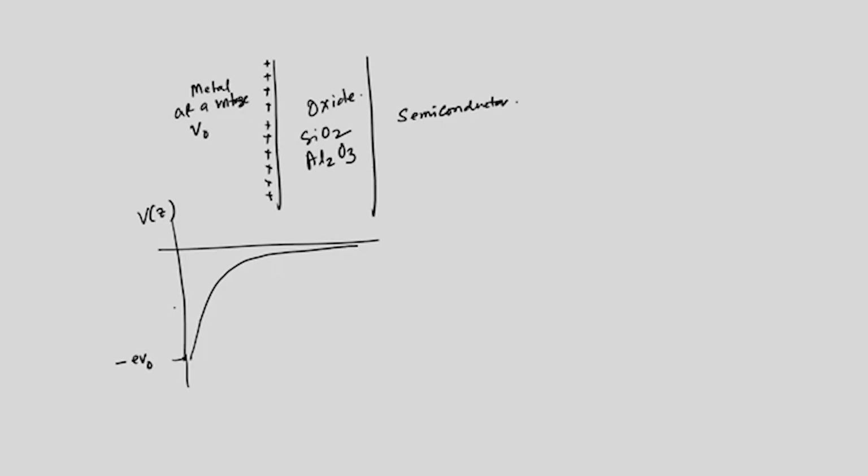So, this is a kind of potential that gets generated for the electrons, and that is why the electrons get confined into 2 dimensions.